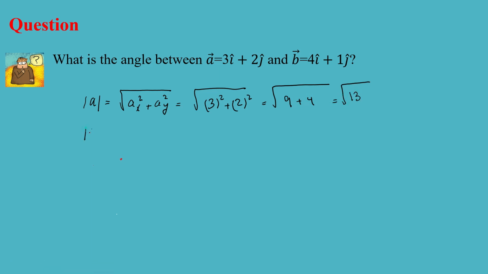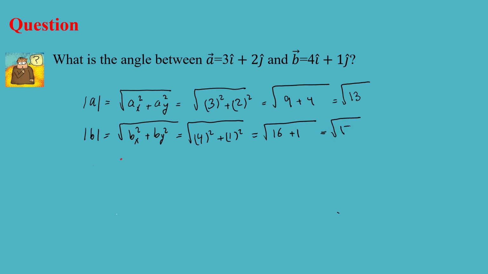And then the magnitude of B is the square root of bx squared plus by squared, which is 4 squared plus 1 squared, equal to 16 plus 1, equal to 17.